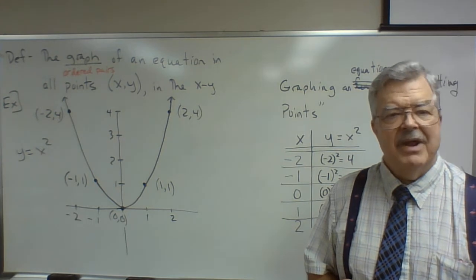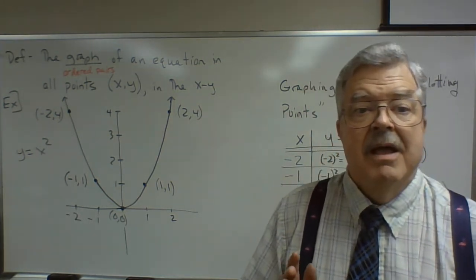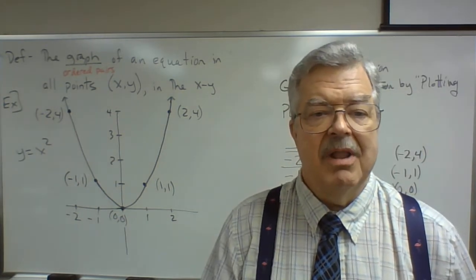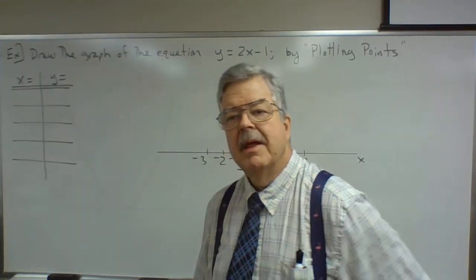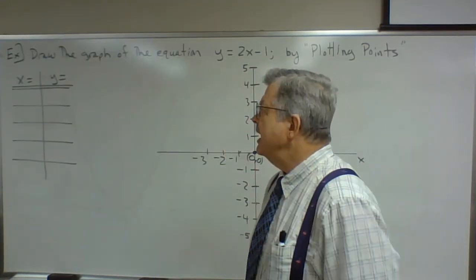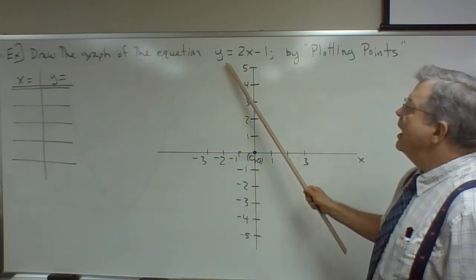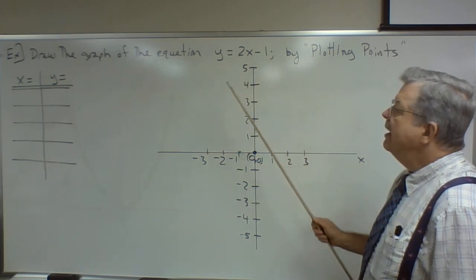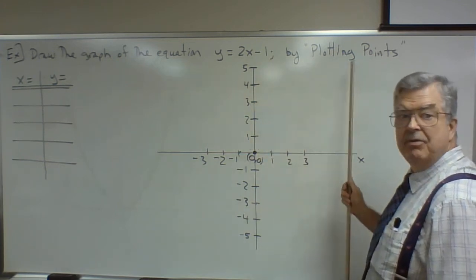So let's get some practice at using that tool. We'll do another example. Computing the graph of an equation of 2 variables by plotting points. Here's a nice example. We have the equation y equals 2x minus 1. And we're going to draw the graph of the equation by plotting points.